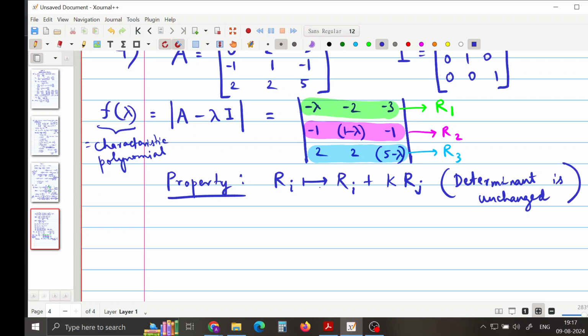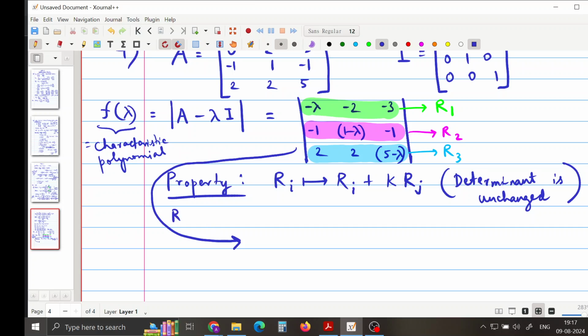So we want to make use of this property. These operations are known as row operations, and I have discussed them in the previous sessions. Please go through them. I will try to introduce some zeros here using this property.